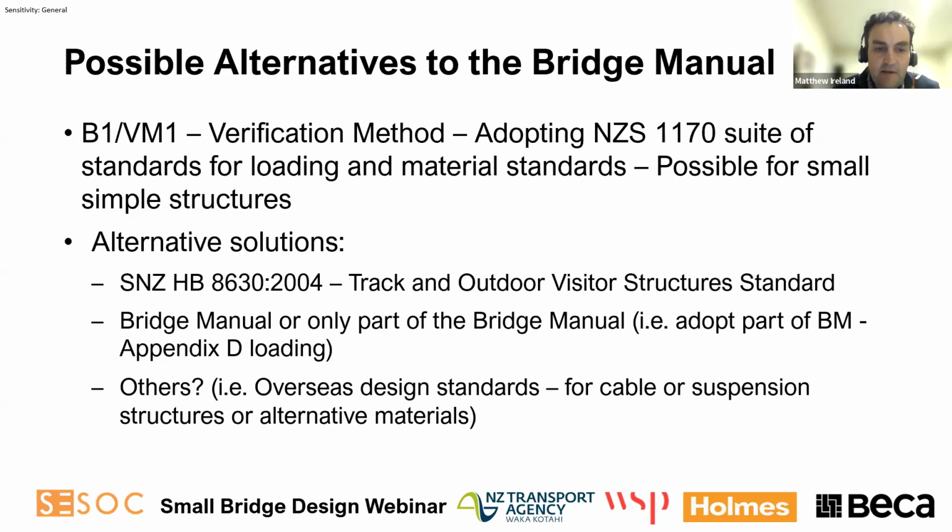And also if you're looking at alternative materials. One example could be if you're designing a structure that was fully made of, say, carbon fiber composites or something like that, you'd have to go looking for some appropriate guidance to base your design on. Next slide, please.